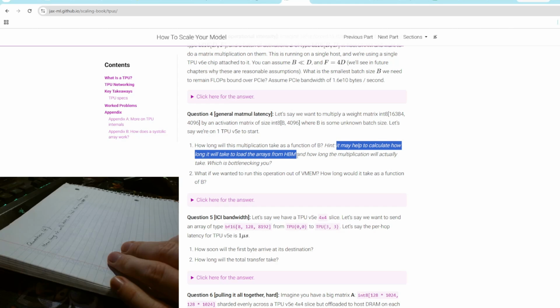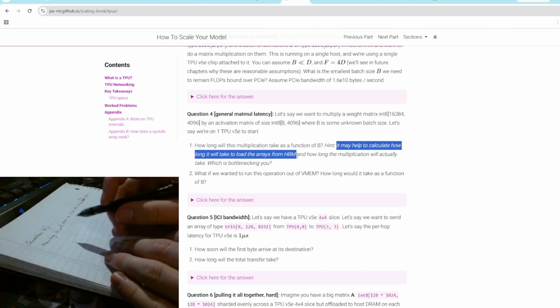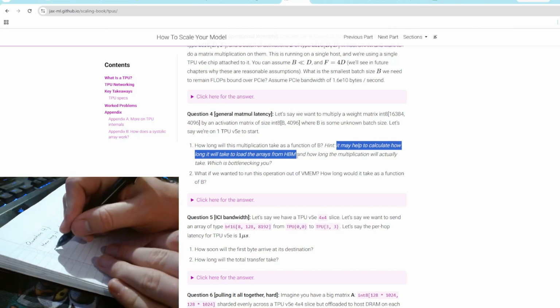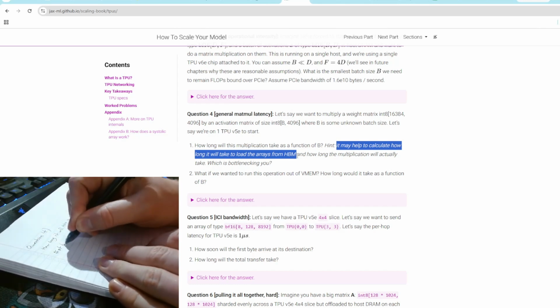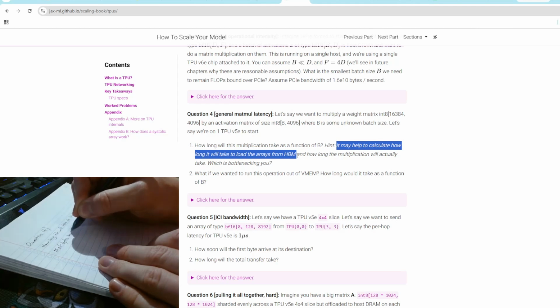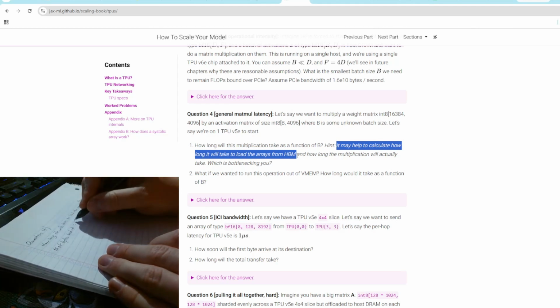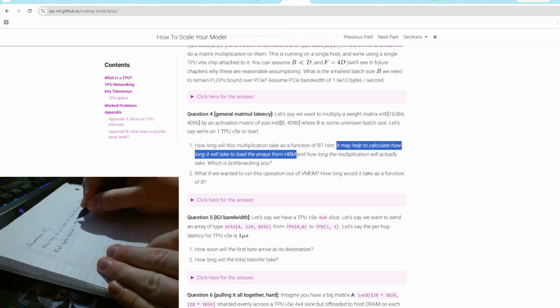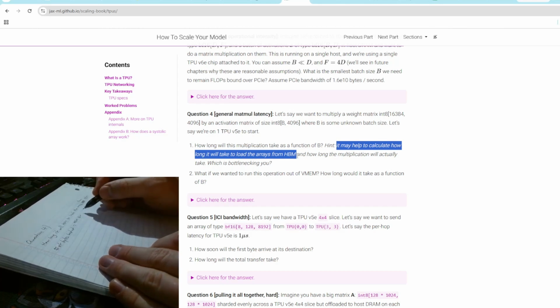I guess we're not looking at how long it'll take to write from our TPU back to HBM. So anyway, first, we need the number of bytes loaded equals HBM bandwidth times time, right?